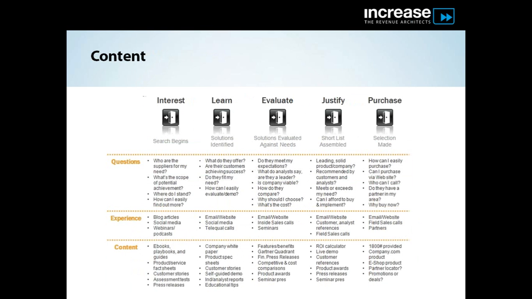So going one more step deeper into the details, we will arrive at the content. And you have to build a content map, because we have to understand who are these people we're nurturing and what kind of content we have to communicate to them.